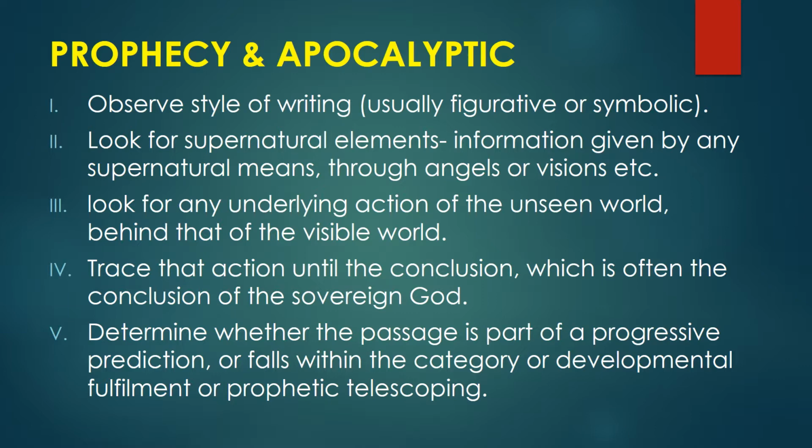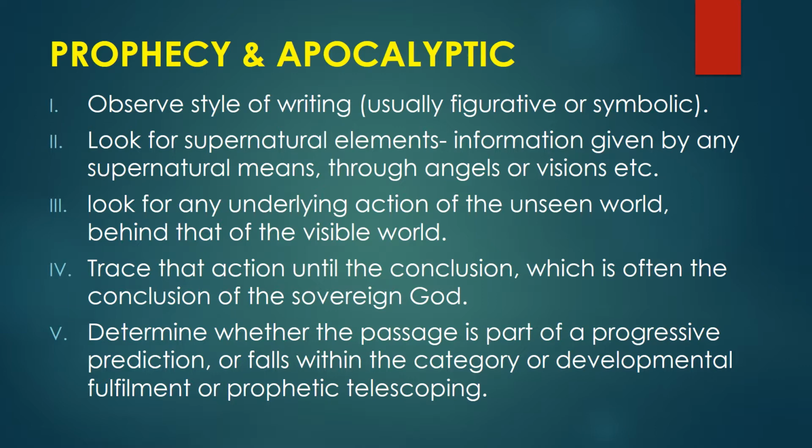You also want to determine whether the passage is part of a progressive prediction or falls within the category of developmental fulfillment or prophetic telescoping. So what do I mean by these terms?